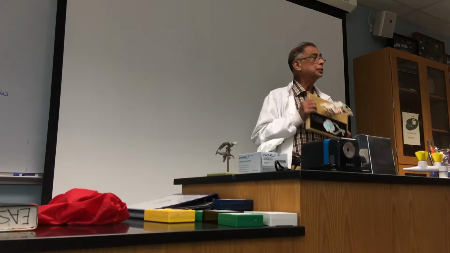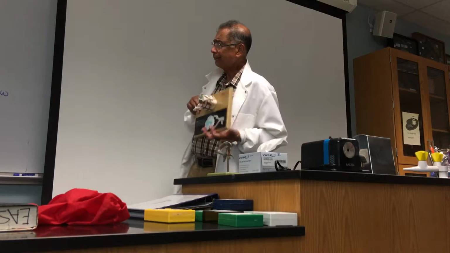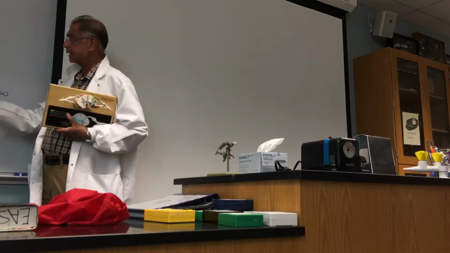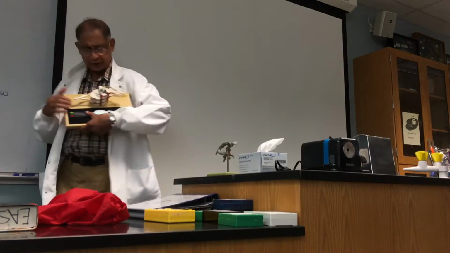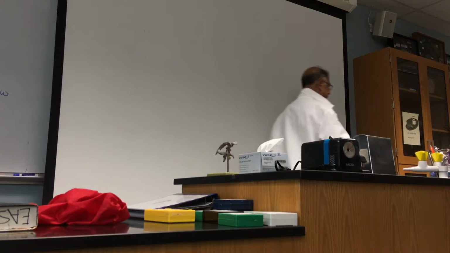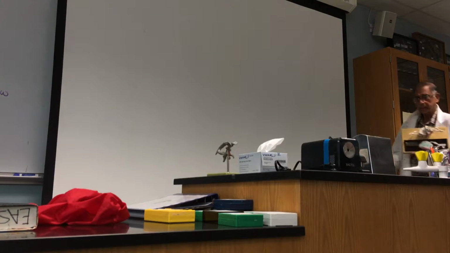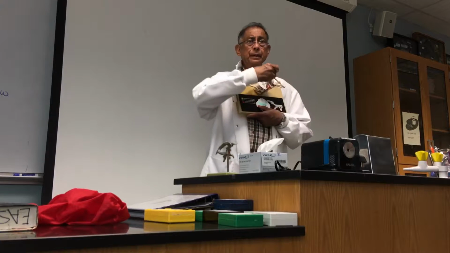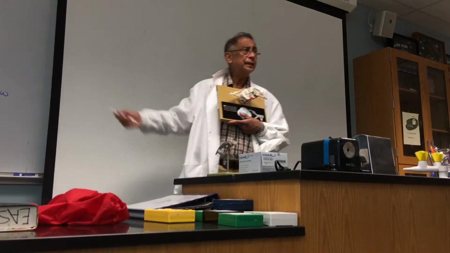Now, how to determine? I think I told you last Thursday, there is the anterior median fissure which is deep. Let me do that. Can you see this is very deep? That is called the anterior median fissure.